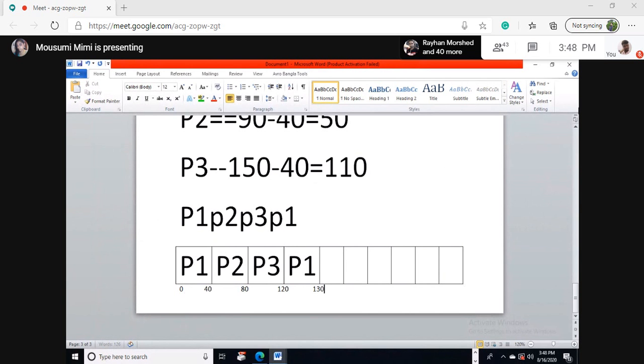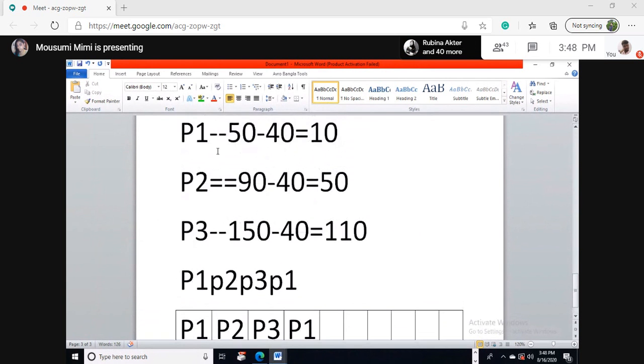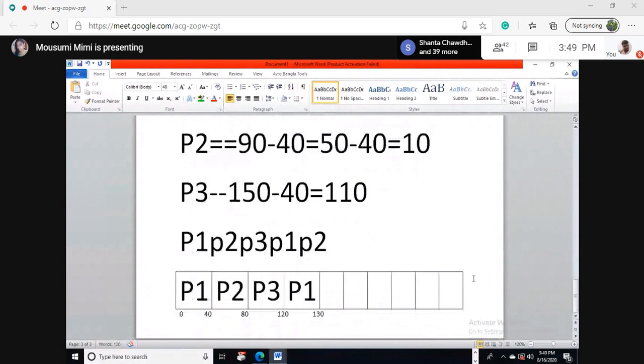After that, look at the process. My process 1 is complete. Then it goes to process 2. Time quantum is 40 and remaining is 50. So 50 minus 40, again remaining is 10. So process 2 is not done, it has 10 remaining.